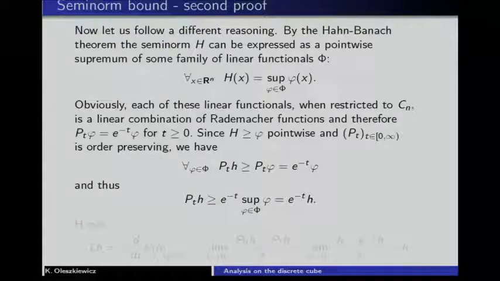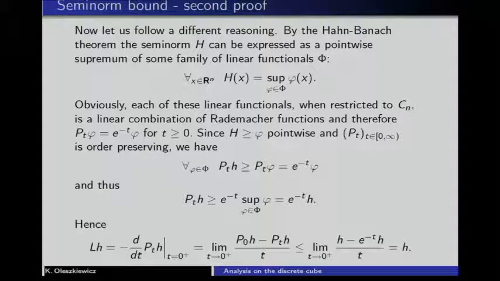And therefore, we know that Pt of H is greater or equal than this. We have this for any functional phi from our family separately. So it's greater or equal than the supremum over the whole family. But we know that the supremum over the whole family is just our semi-norm that we started with, which after restriction to the cube we described by little h. Okay? So now let's compute the generator L of H. By definition, this is minus the right-hand side derivative at 0 of the semigroup.